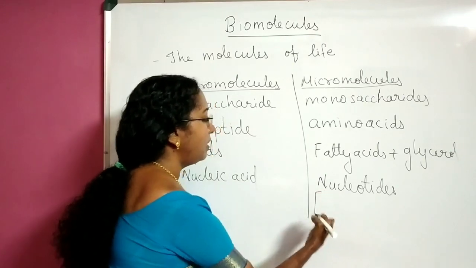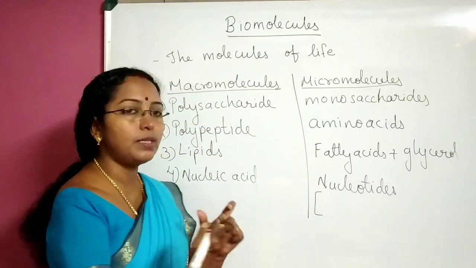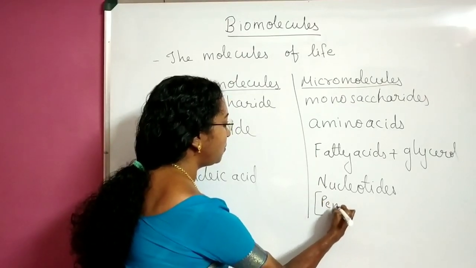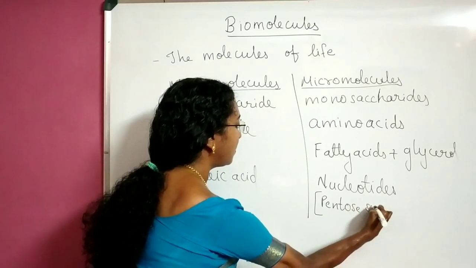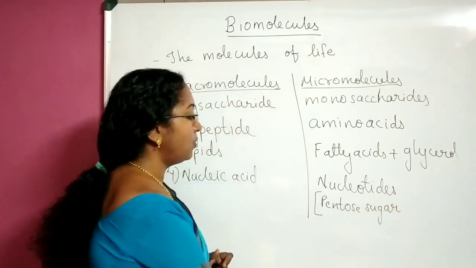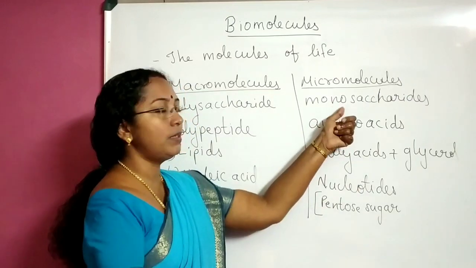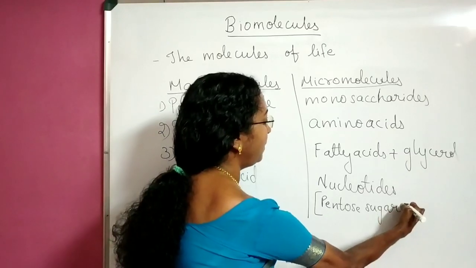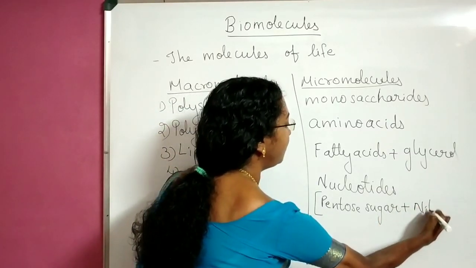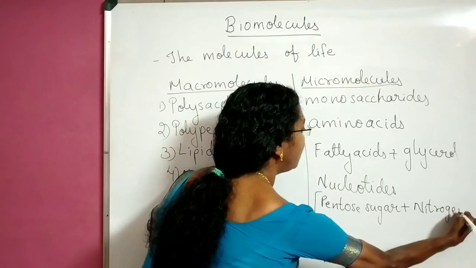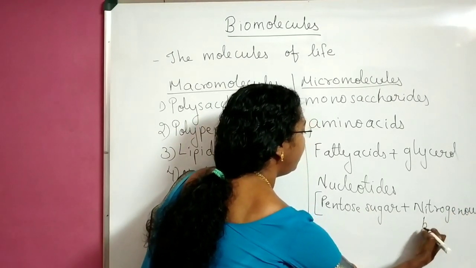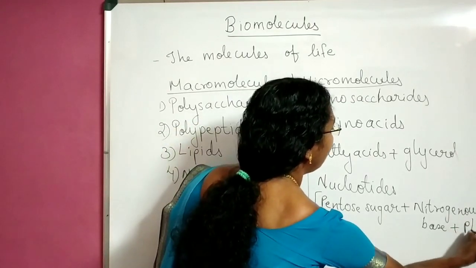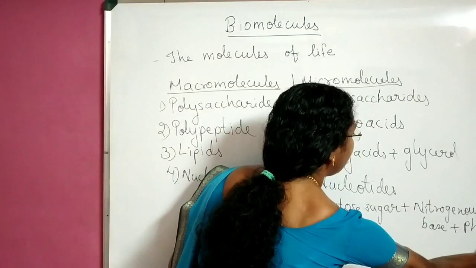If you divide it into simple components, the nucleotide is in turn made up of a pentose sugar, that means something related to the saccharides. Then it is made up of a nitrogenous base, and it also has a phosphate component.